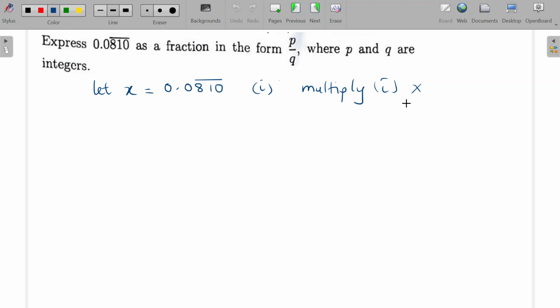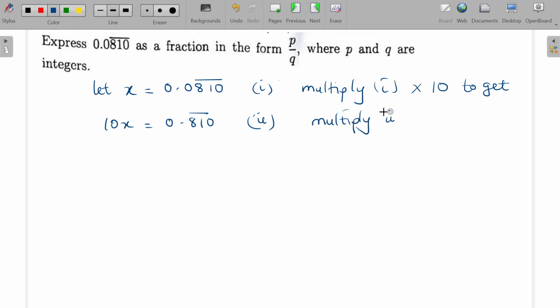So I multiply equation 1 by 10 to get 10x equals 0.810 bar. This becomes my equation 2. Now I multiply equation 2 by 1000, since three numbers are repeating: 1, 2, 3.